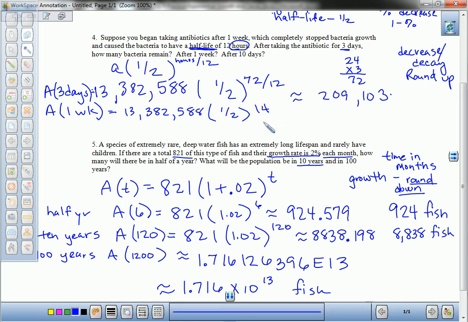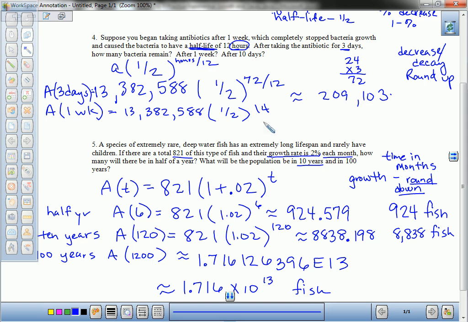Okay, now some of you are thinking of it differently, which is absolutely fine. If it happens every 12 hours, how many times does it happen a day? Twice. What is 2 times 3? 6. Is that what we raised it to here? Same thing. What is 7 days times 2? 14. So there are different ways you can think about it.